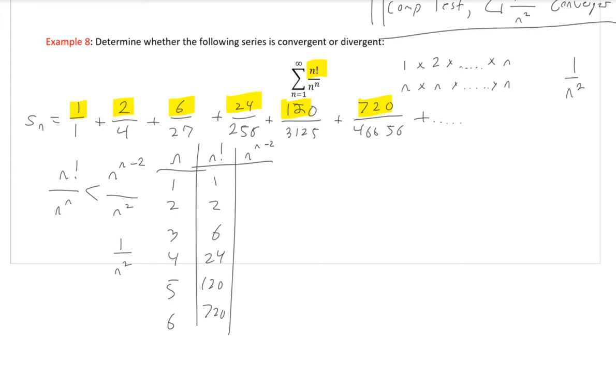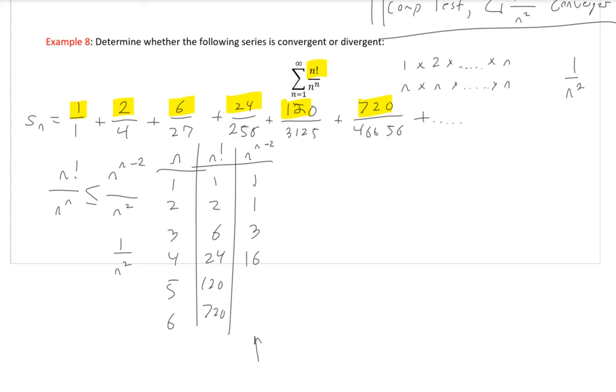How about n to the n minus 2? That's 1 to the 1 minus 2, so 1 to the negative 1 power is still 1. Okay, so far it's equal. How about 2? 2 to the 0 power is 1. Uh-oh, that's not good. We want to show that these values are greater. 3 to the 3 minus 2 is 3. 4 to the 4 minus 2 is 4 squared, which is 16.